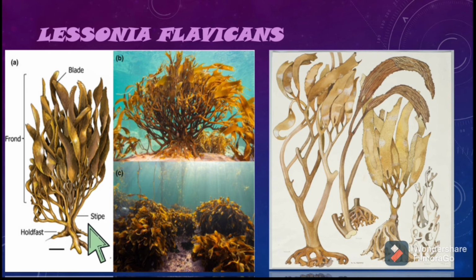The stipe is very thick and also flexible, bearing at its apex a crown of blades or laminae. You can see this stipe is very thick, and this is the crown of blades or laminae. It is also anchored by a much-branched holdfast, which is why it looks just like a tree.